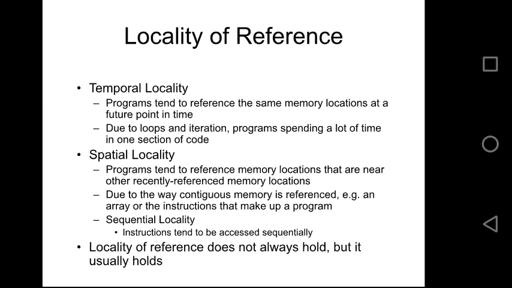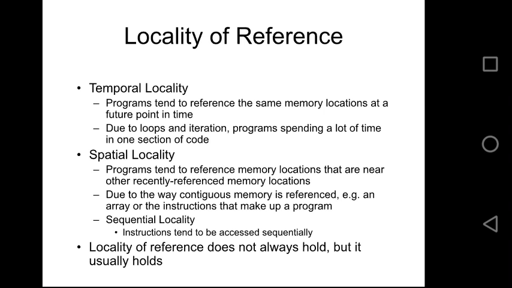Temporal locality means programs tend to reference the same memory location at a future point in time due to loops and iterations, and programs spending a lot of time in one section of code. The best example for temporal locality of reference is loops.